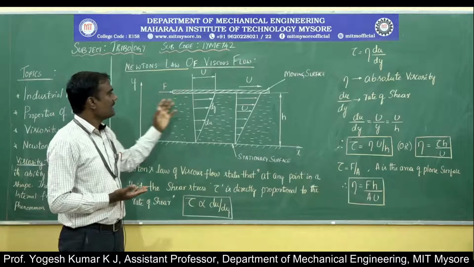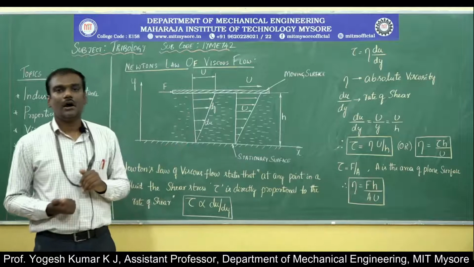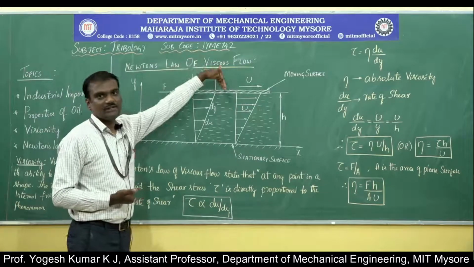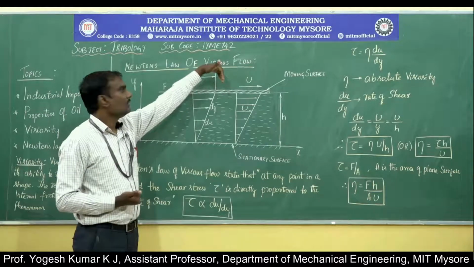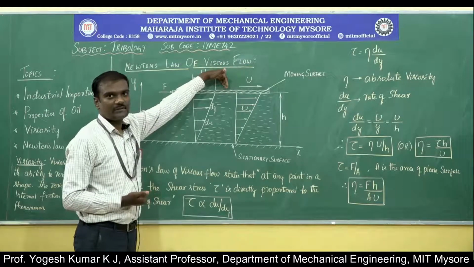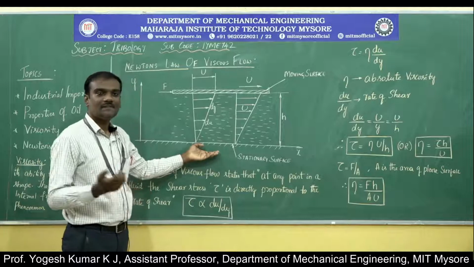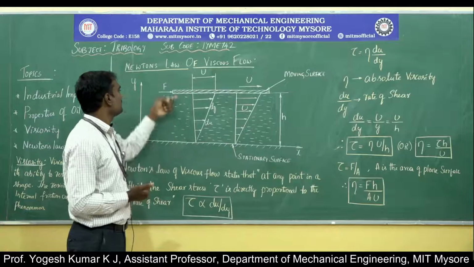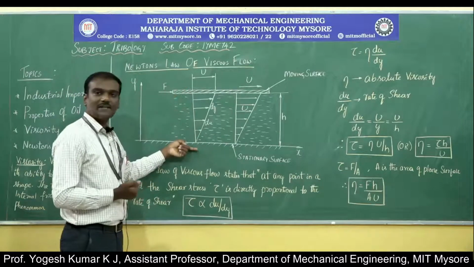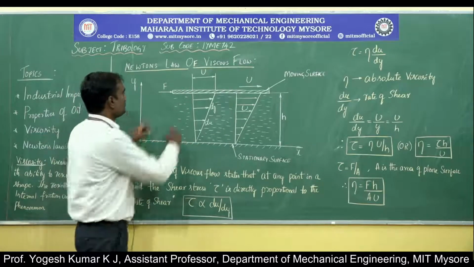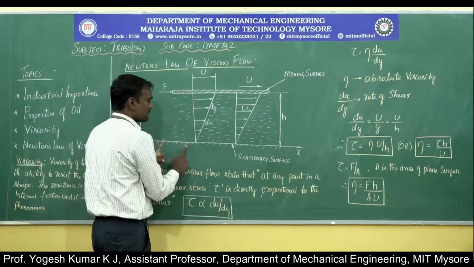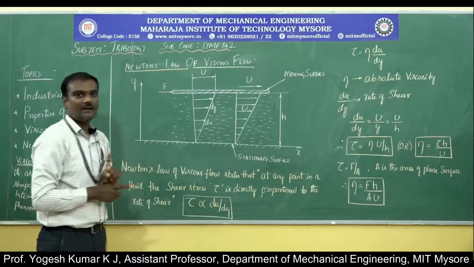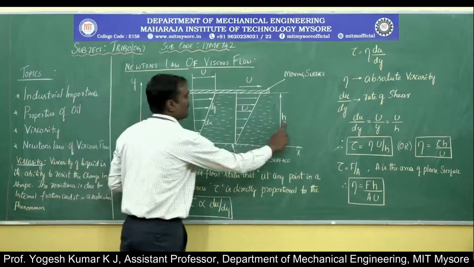We make certain assumptions in this law: there is no vertical load acting on the moving surface, and the stationary surface is completely fixed. There is a fluid filled between the moving surface and the stationary surface. That means the gap between them is completely filled with oil or lubricant. This gap is represented with h.